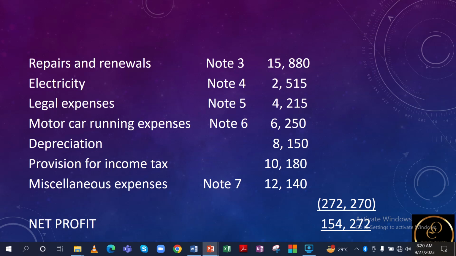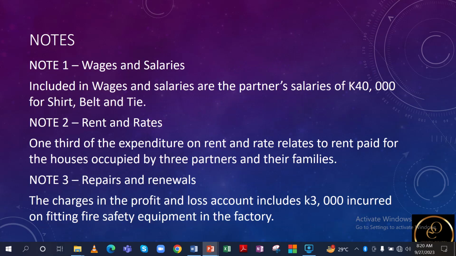Now, those salaries are quoted as annual figures. Like this 40,000, that is for belt and shirt. We also have salaries when the partnership changed, which is 32, 30, and another figure for tie.